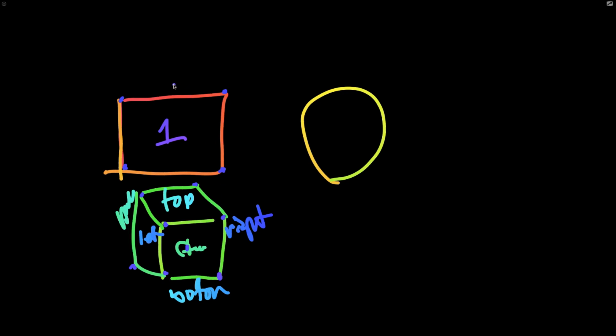And with a rectangle, we only have 1, 2, 3, 4 edges. With a cube, we have 1 through 8 in the back, and then 9, 10, 11, and 12 edges. So with 3D geometries, we really have a much higher level of complexity.